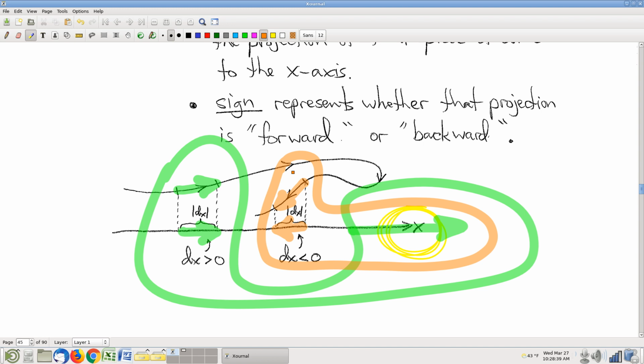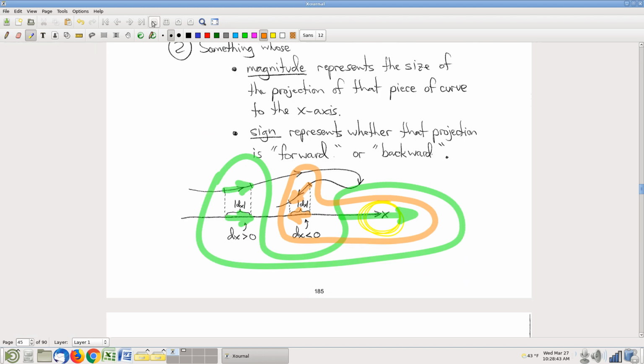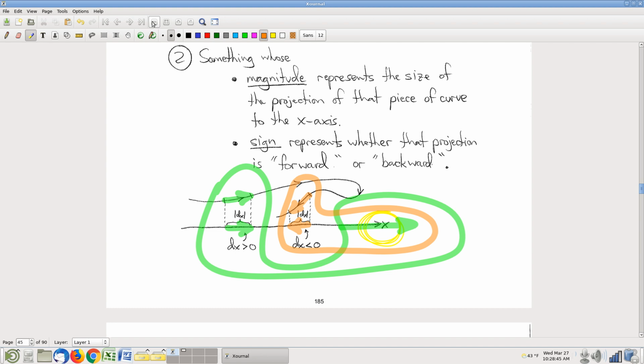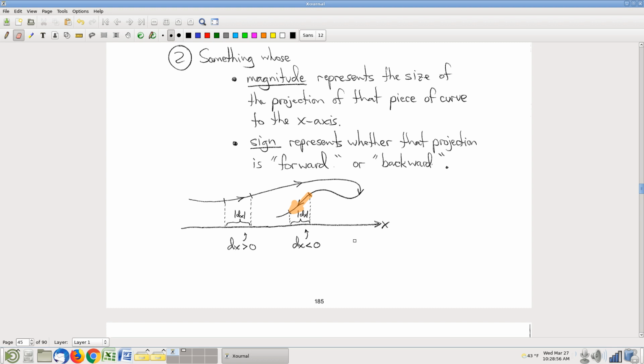Those are two possibilities. So the innocent observation I want to make, seemingly pointless, admittedly weird, but bear with me: an alternative point of view on what dx is, is that dx is a number whose magnitude represents the size of the projection and whose sign represents forward or backward.